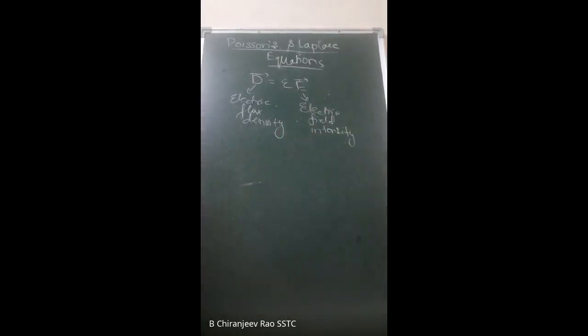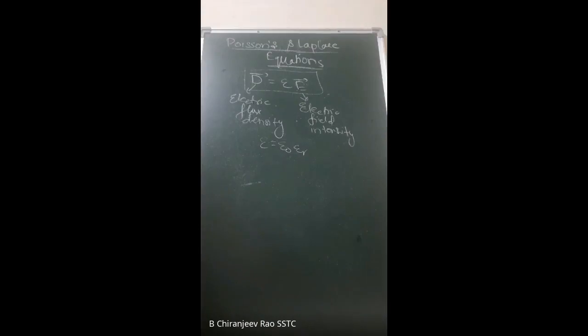So D is equal to epsilon E, and epsilon is equal to epsilon naught into epsilon R. Epsilon naught is for air, and epsilon R is the relative permittivity for a given material. So this is the relationship between vector D and vector E.